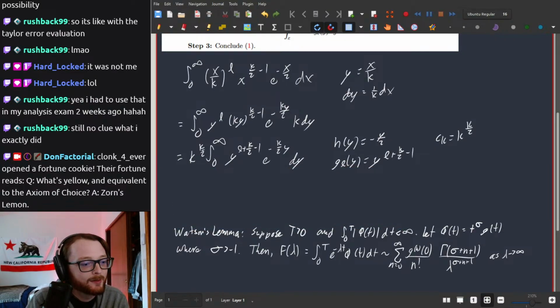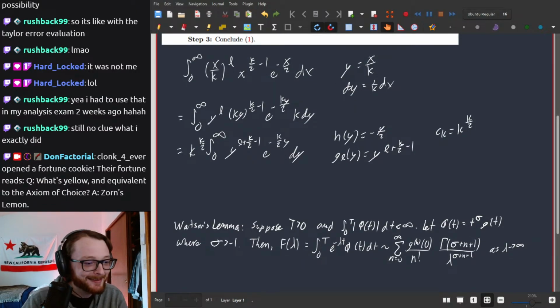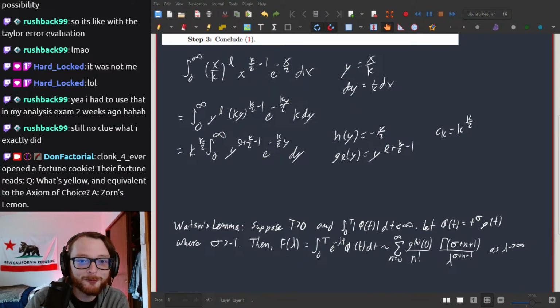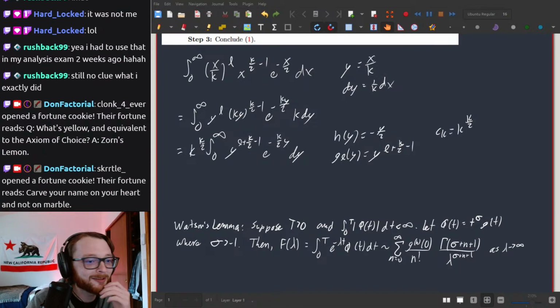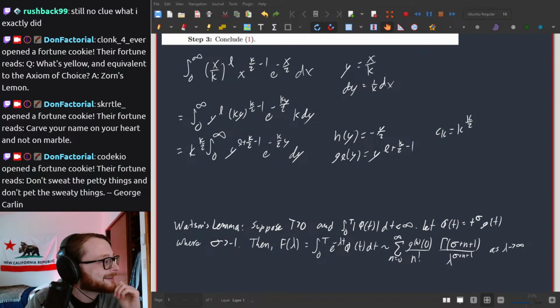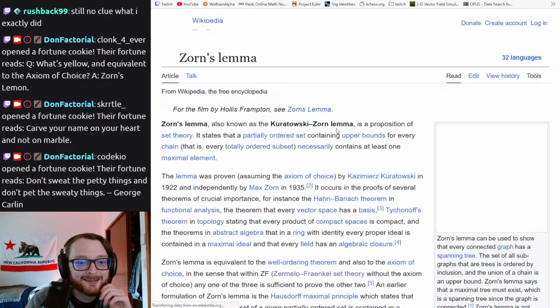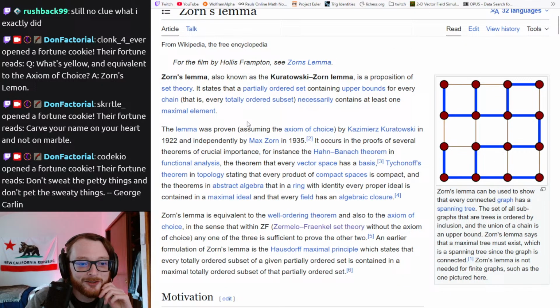Clonk. Wait, this is a math one. What's yellow and equivalent to the axiom of choice? Zorn's lemon? Wait, there's a math fortune in there. What the hell? Is that actually true?